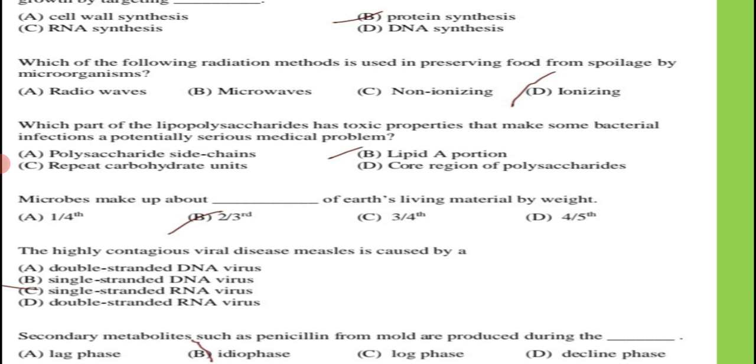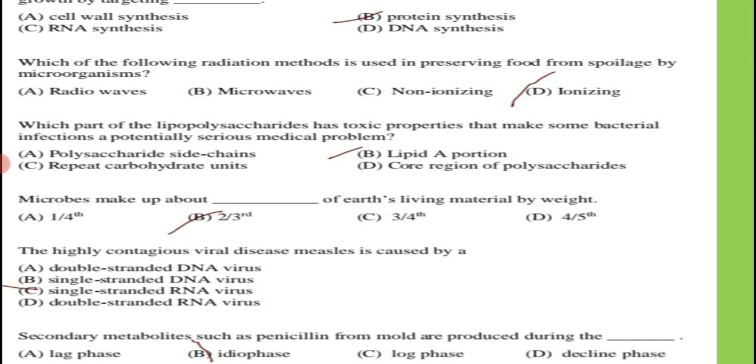The next question: which part of a lipopolysaccharide has a toxic property that makes some bacterial infections a potentially serious medical problem? The gram-negative bacterial cell wall is made up of two layers.